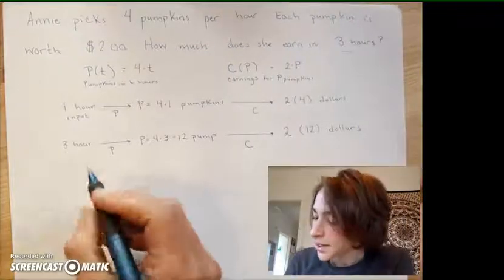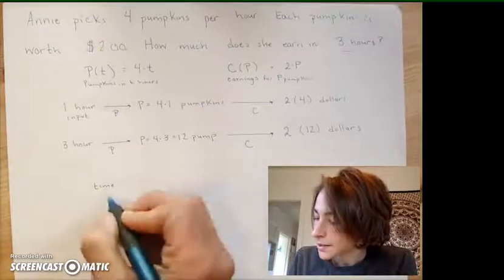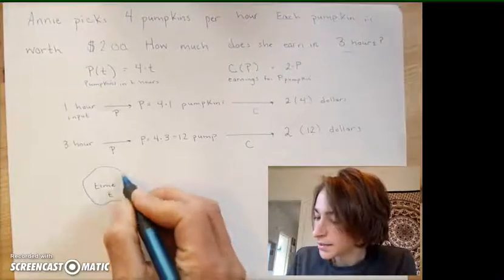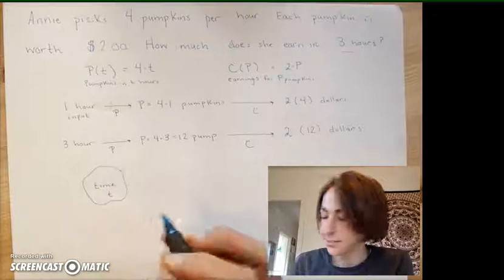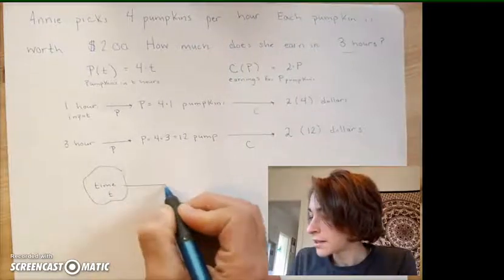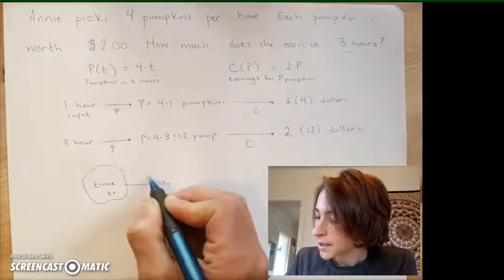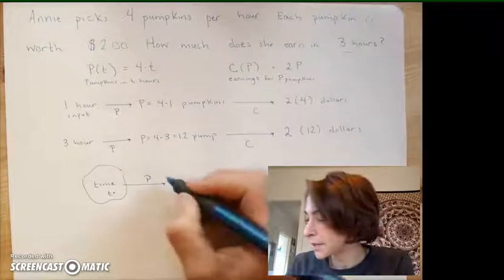So essentially what we're doing is we're picking a time, t, and I'll put it in this little bubble. Like when we talked about functions, we said we could think about it as a space of numbers. Then, whatever that time was, we plug it in to the number of pumpkins function. So we end up multiplying it by 4.